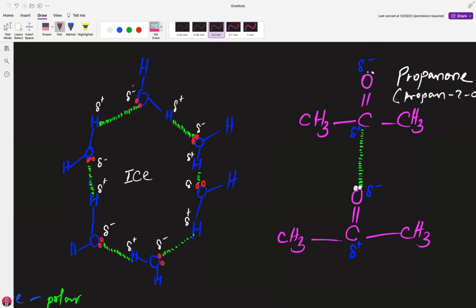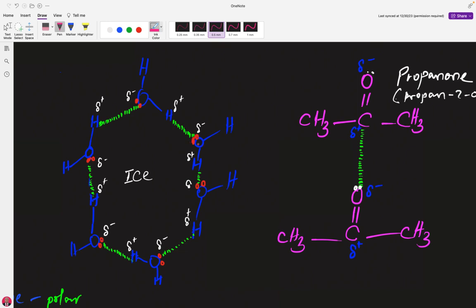So one has a partially negative pole and the other a partial positive pole, and it continues like that as hydrogen bonds are formed in ice.